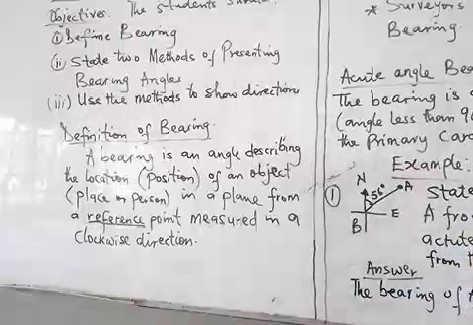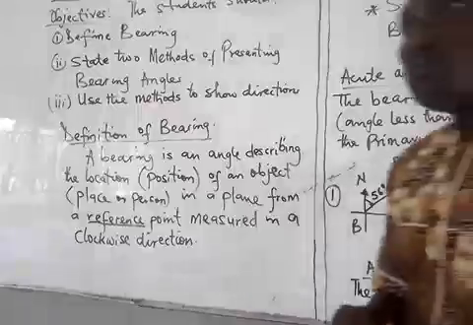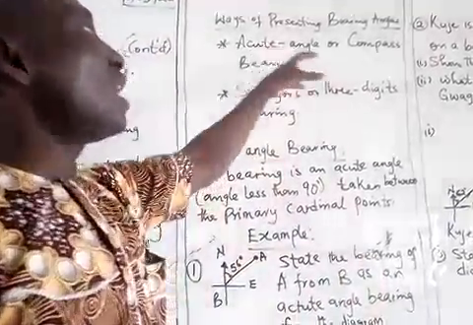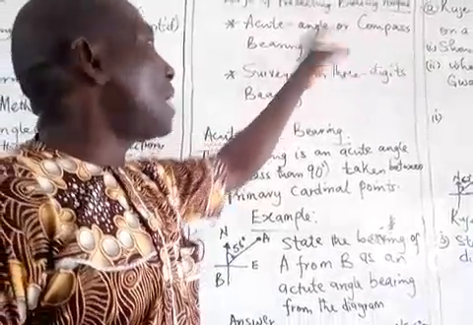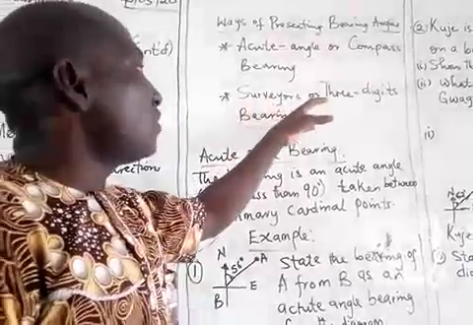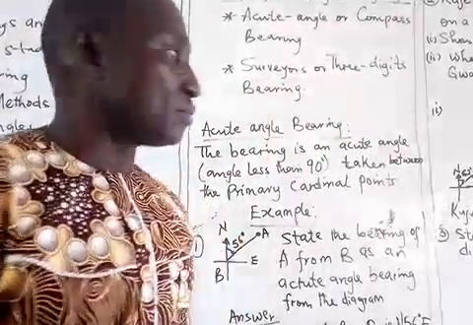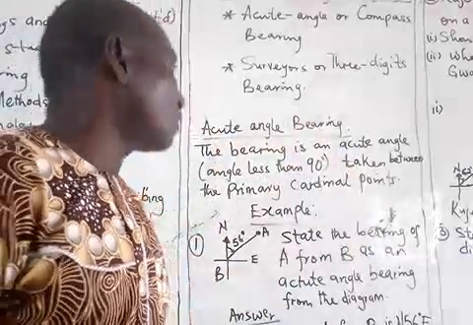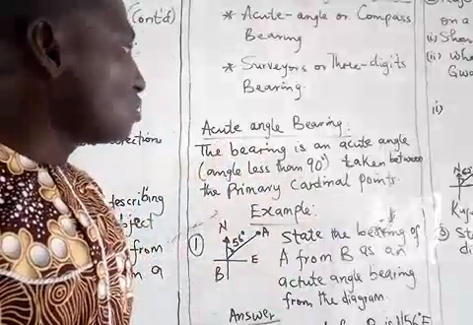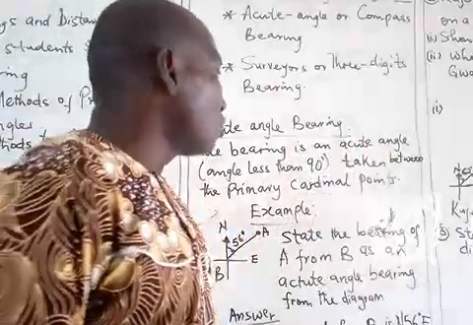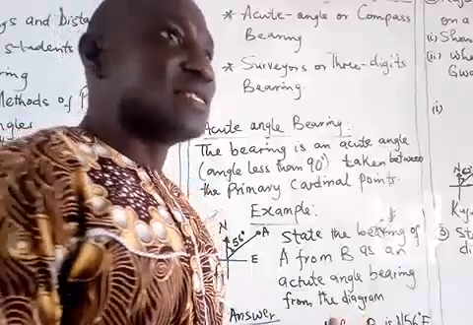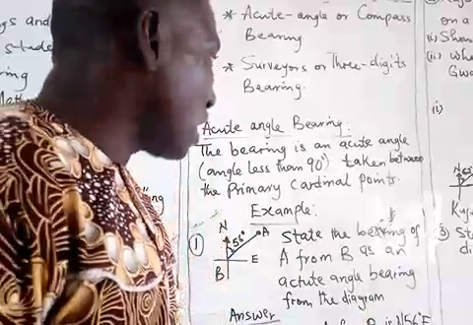Now, what are the ways of measuring bearings? There are two ways. Number one, we have the acute angle or compass bearing. Number two, we have the surveyor's or three-digit bearing. When we talk of acute angle bearing, what do we have in mind? The bearing is an acute angle when it is less than 90 degrees, because we know that an angle less than 90 degrees is called an acute angle.